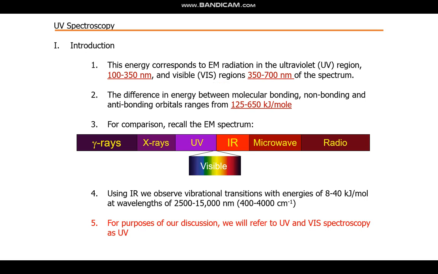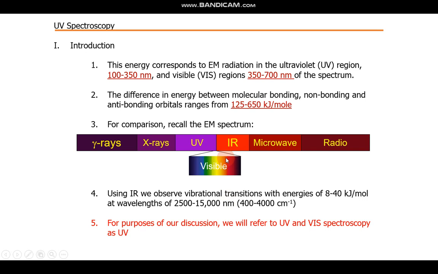where their different molecular bonding, non-bonding and anti-bonding orbitals have this energy and will show transitions in between this energy range. Using IR, we observe vibrational transitions within an energy of 8 to 40 kilojoule per mole, and that is about 2500 to 15,000 nanometer wavelength.